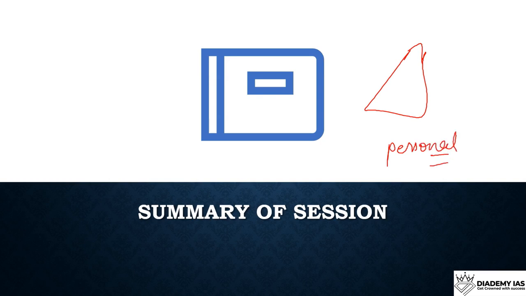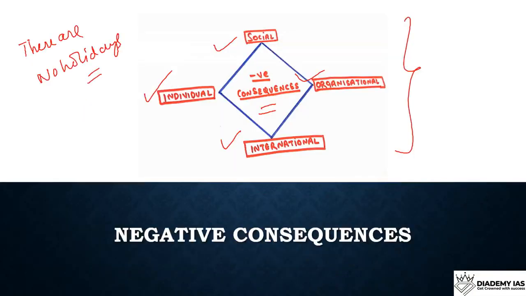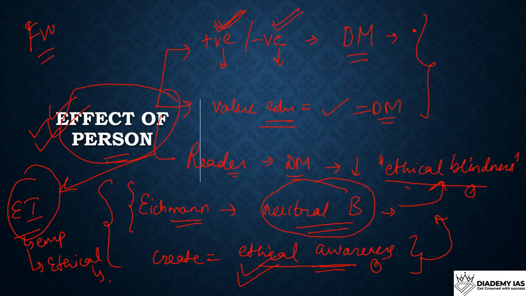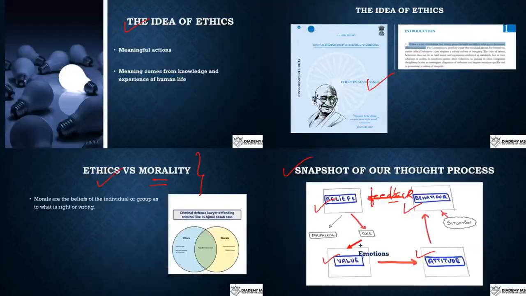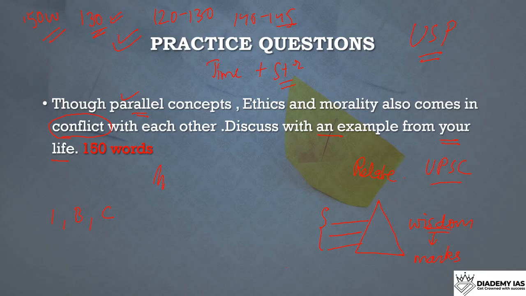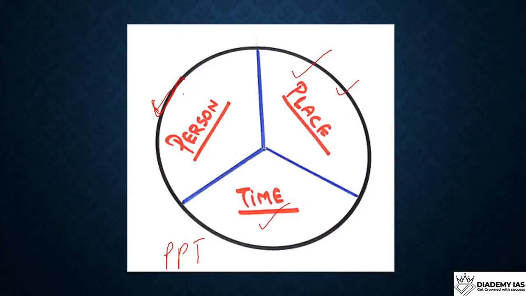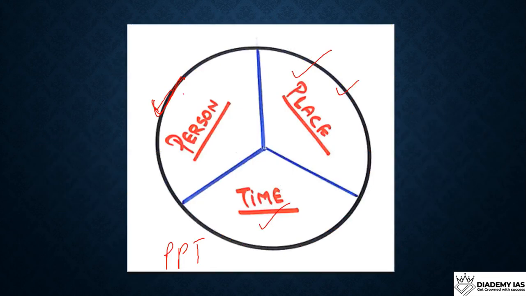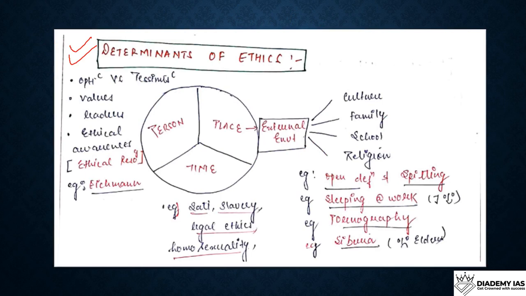Let us just summarize the session. First we saw the question, then we saw the determinants of ethics. What determines right and wrong? We saw the PPT version, basically person, place and time, the effect of everything. I gave you the diagram which is a summary of it.